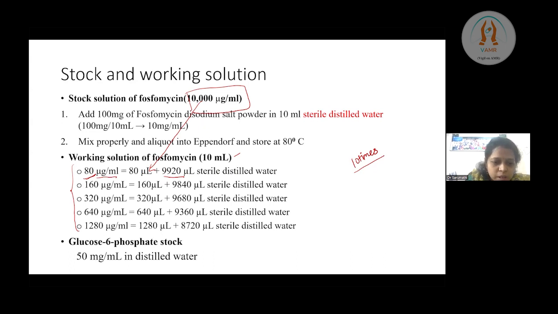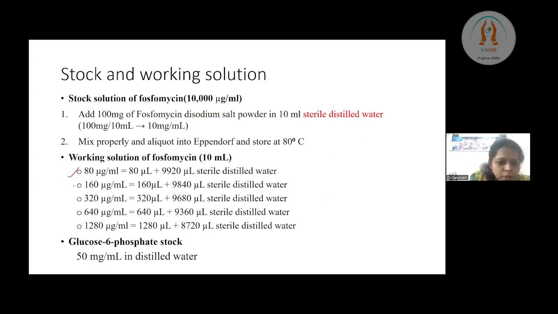So you take 10,000 microliter of sterile distilled water, from that first you can remove 80 microliter and then add 80 microliter of our drug from the stock solution. This is how to prepare 80 microgram per ml.